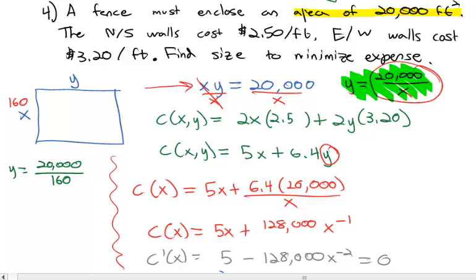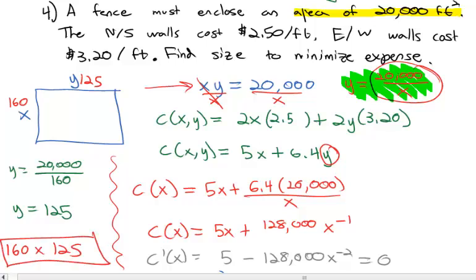And when we do that on our calculator real quick, we find out that y is 125. We want a 160 by 125 area enclosed. That's 20,000 square feet. It's going to minimize our expense on the fence. We got everything we want and need.